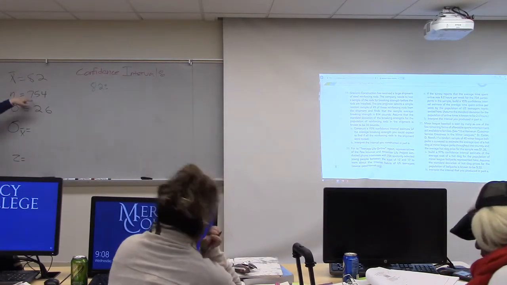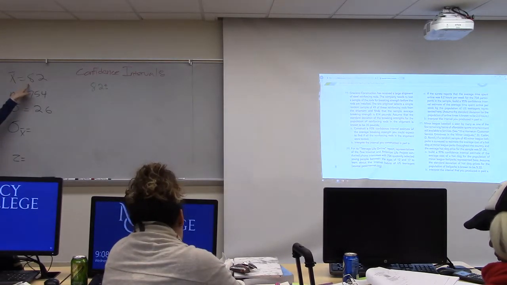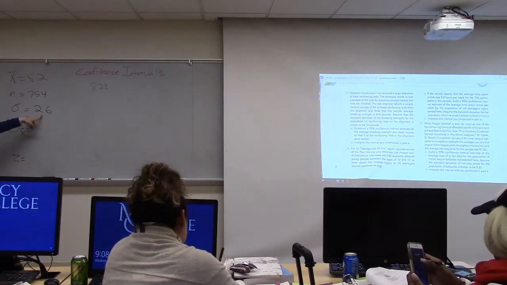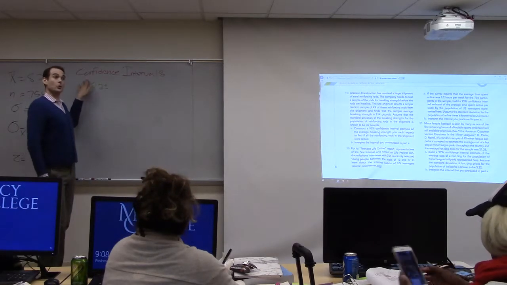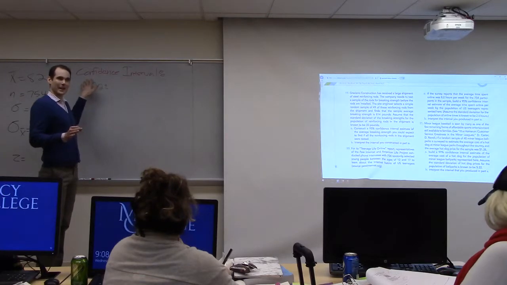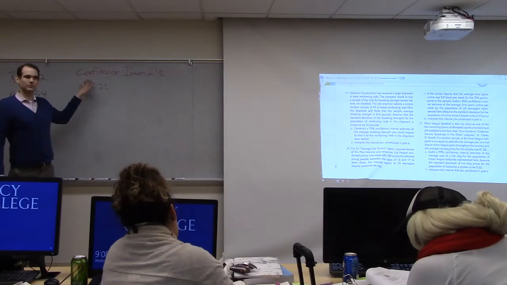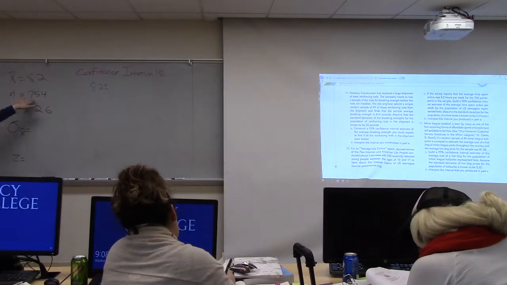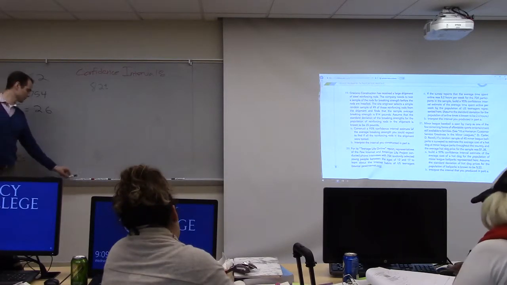They found the average time these teenagers spent online was 8.2 hours. They know that the population standard deviation is 2.6, and they want a confidence interval for the true population mean. All right, so that is the average amount of time that every single teenager spends online. So that's a lot of teenagers, right? And they just asked 754 of them. So let's get that confidence interval.